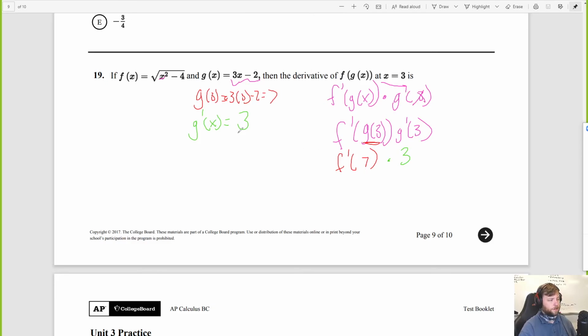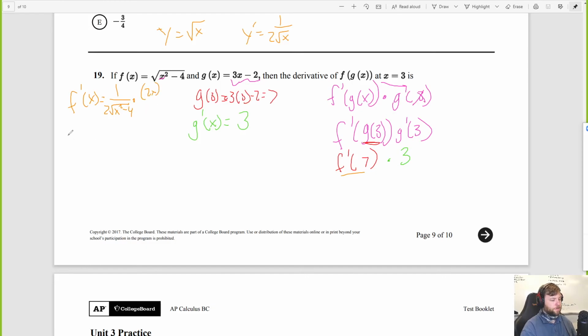So first, you got to find F prime of x. It'll be 1 over 2 square root of x squared minus 4, because again, memorize, I'll keep saying this. Happens so much. Memorize that. And times 2x.